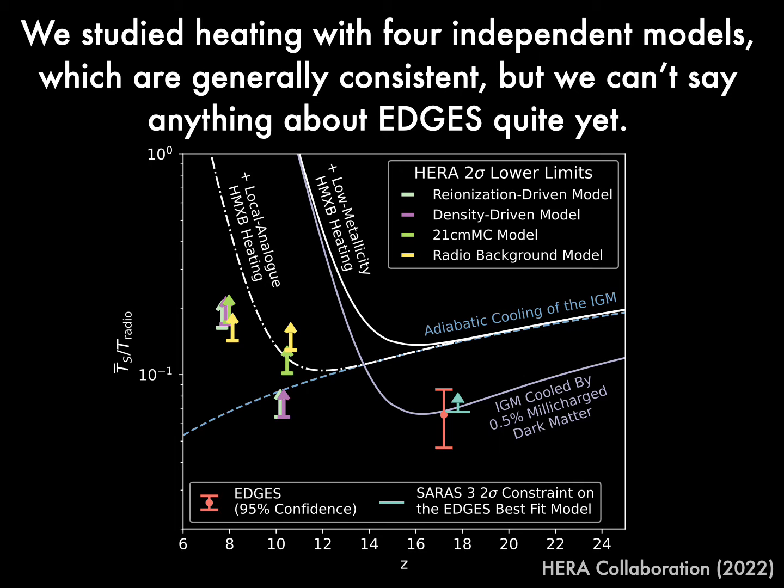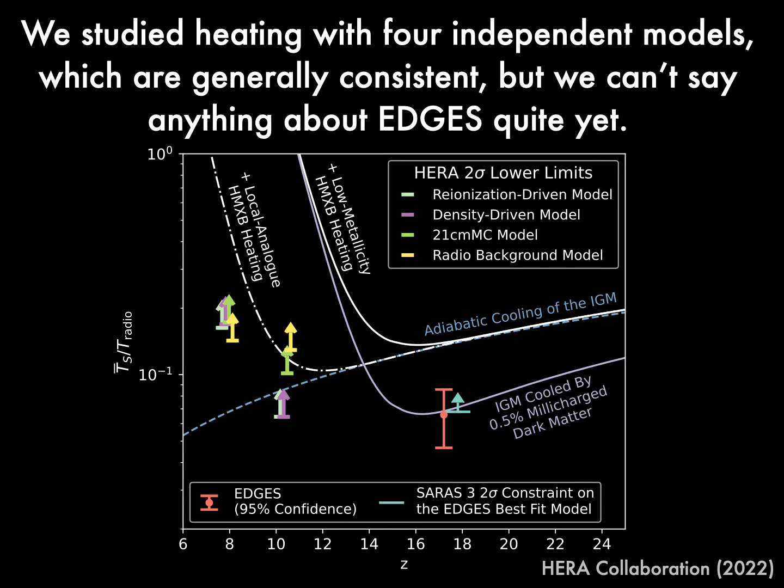Unclear whether it was heated above at redshift 10, which is the other band in which we made our measurements. So it's sort of in tension with those local analogs, but it's easily explained by low metallicity high mass X-ray binaries.